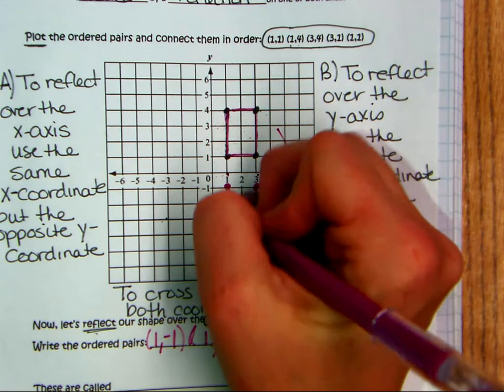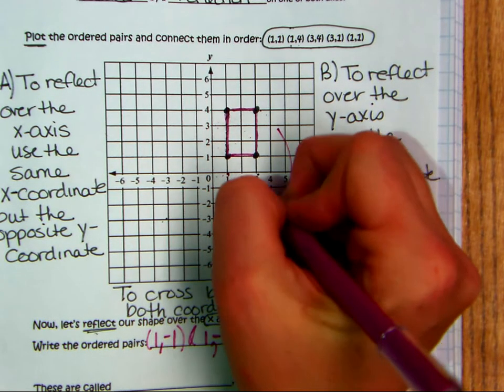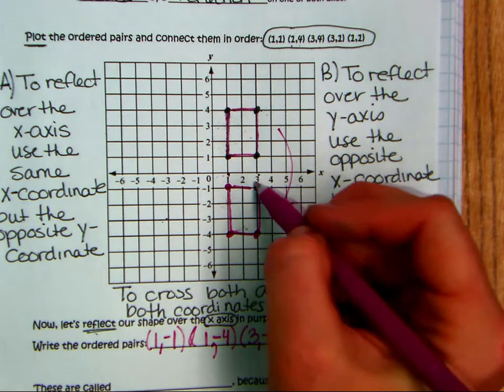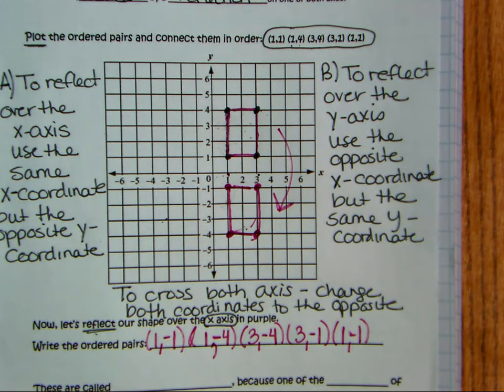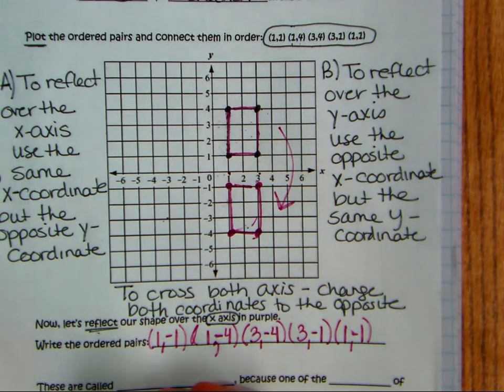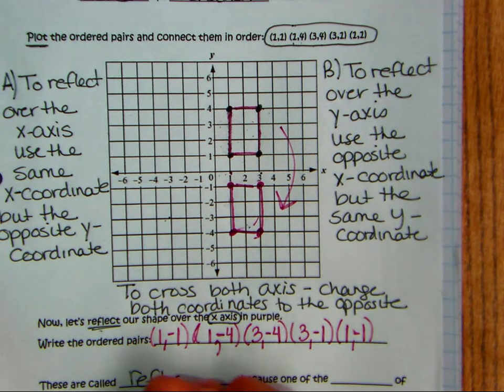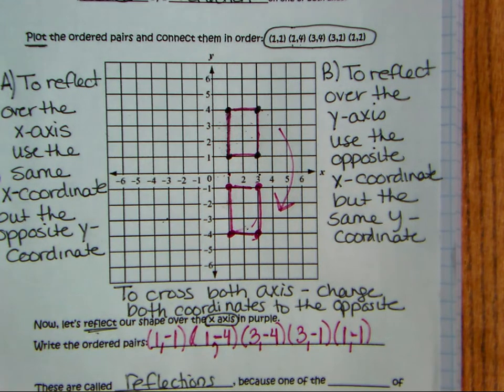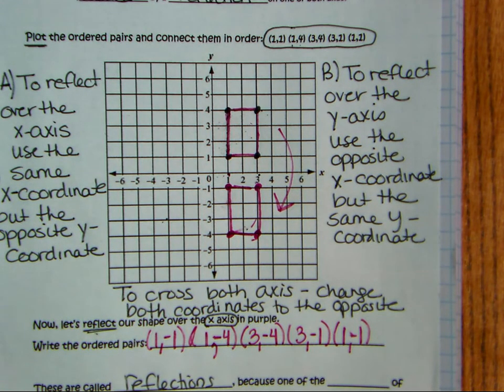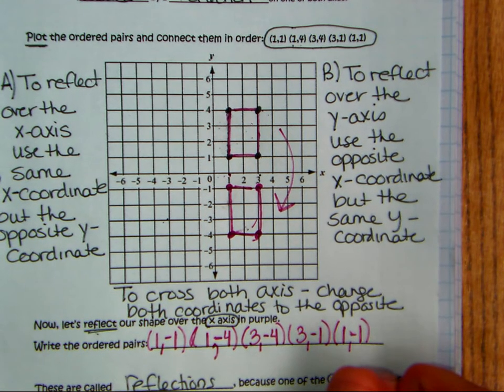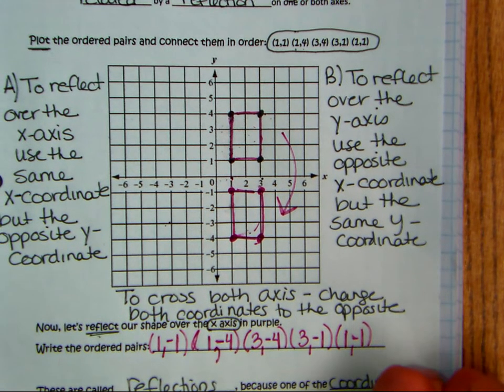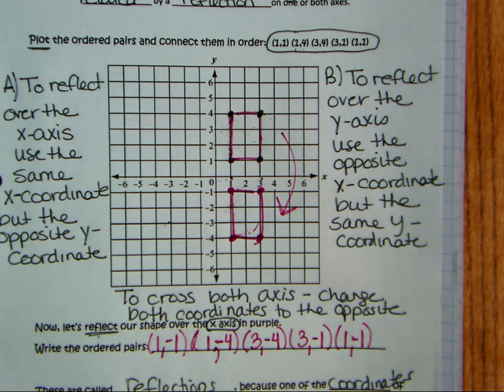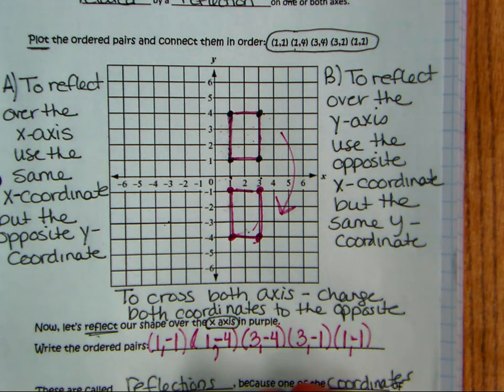So now let's connect those. And you'll see that we have a mirror image, it's just dropped down below. That is a reflection. These are called reflections because one of the coordinates of each pair differs from the original by a sign.